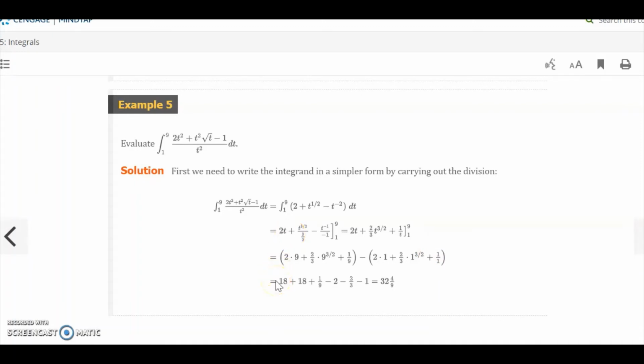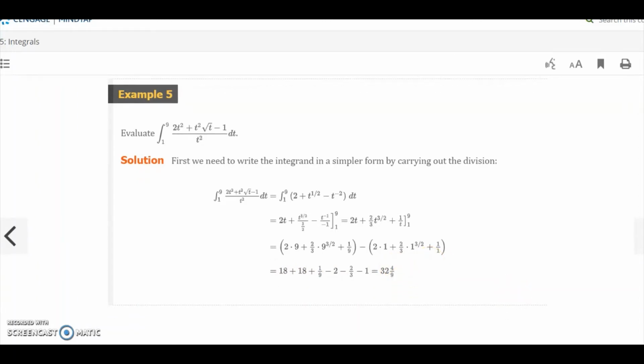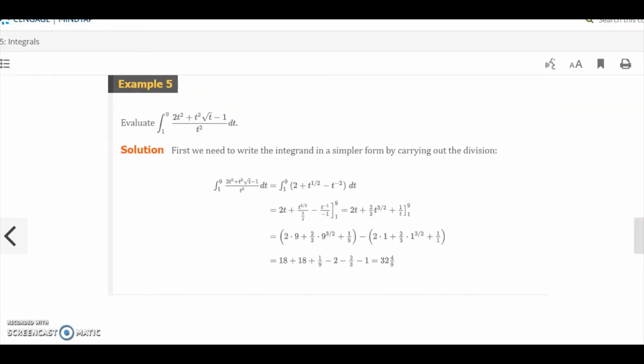All right, so finishing off this example right here, we're just evaluating, so plugging it into your calculator or doing it by hand, either way, and you get 32 and 4/9. So that's how you would get that answer. So really this section is about distinguishing the difference between indefinite and definite integrals.